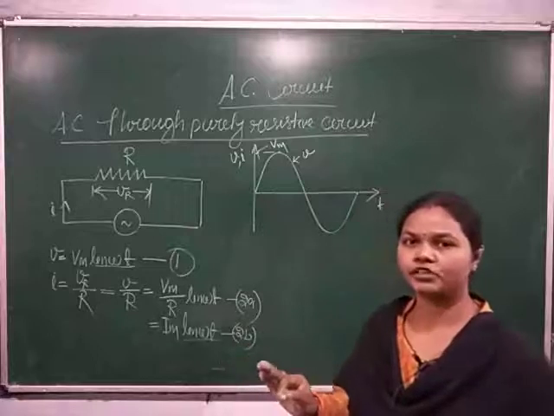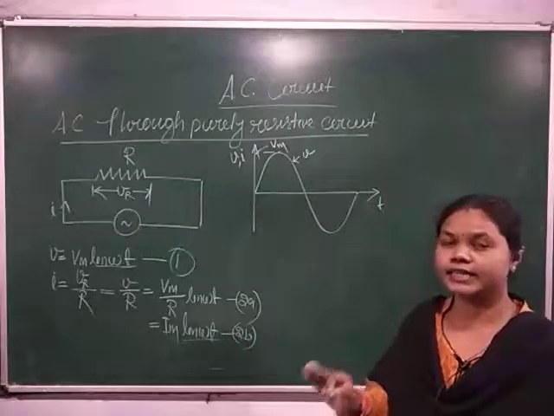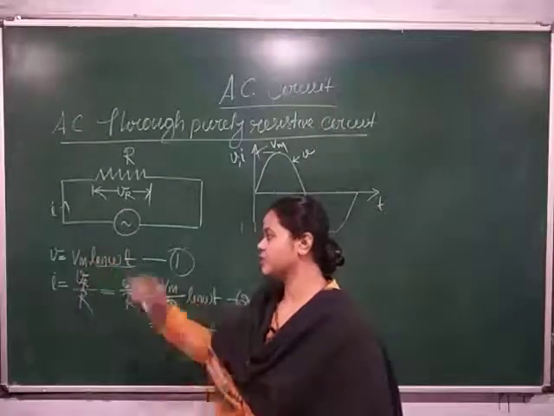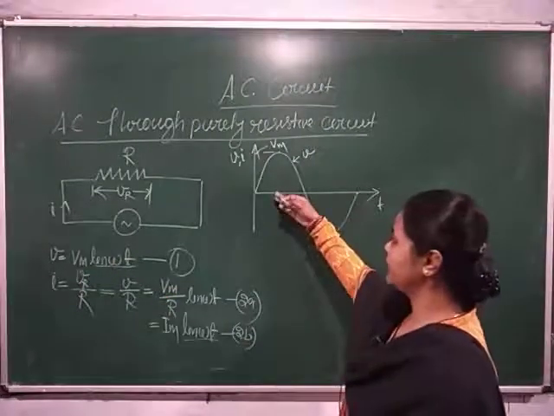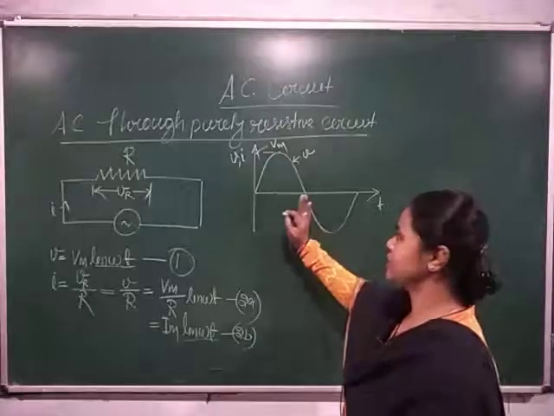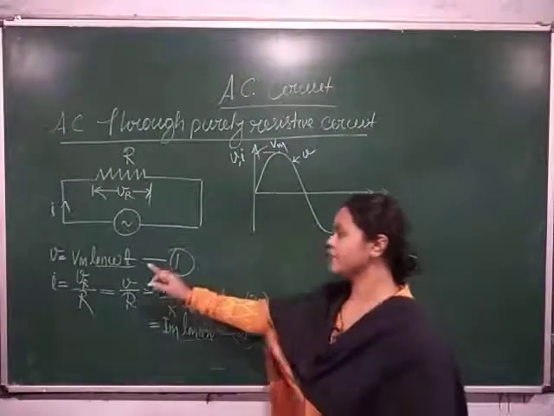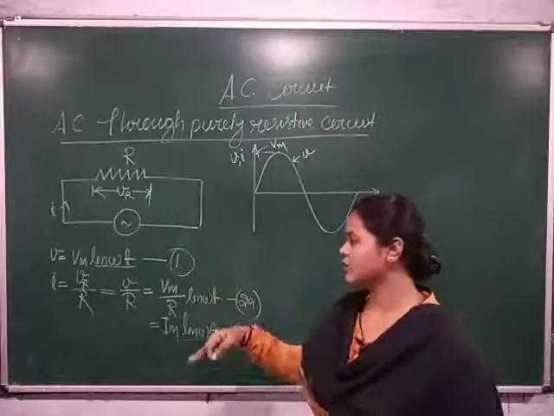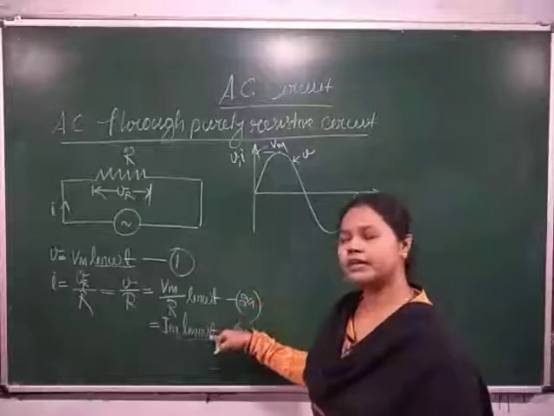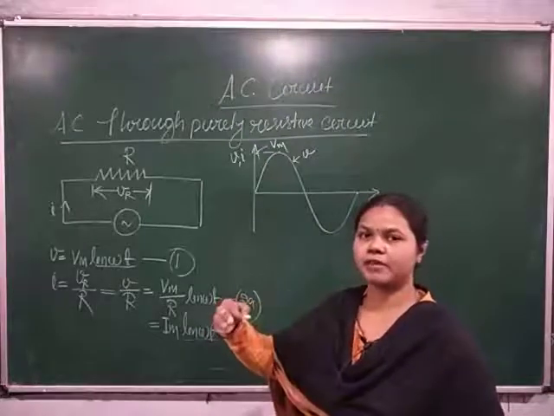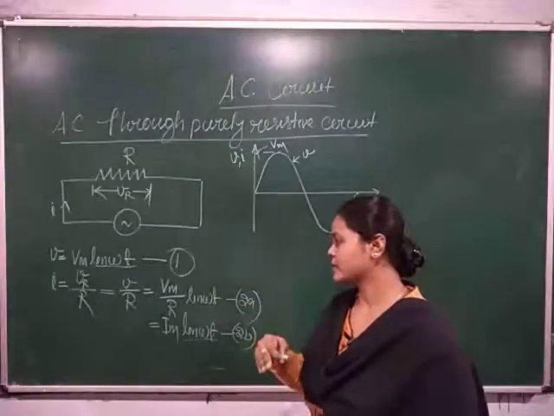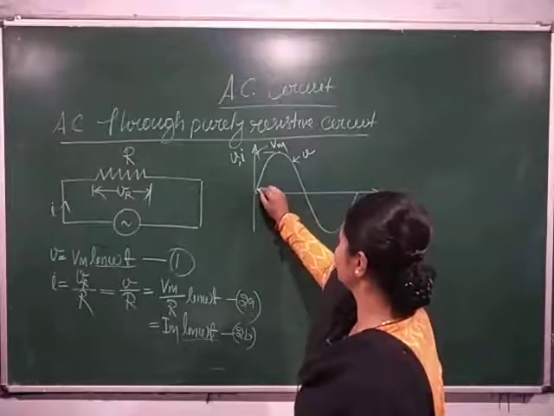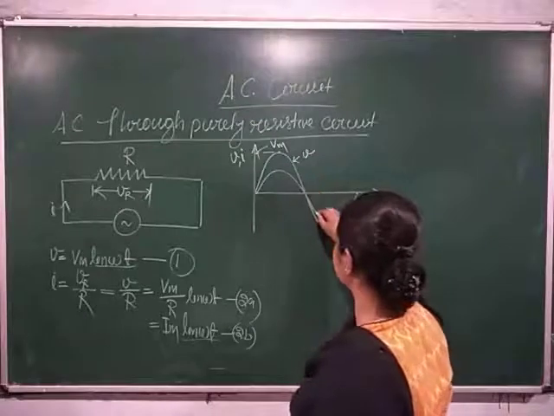Maximum value of current is Vm by R. Obviously, the current flowing through the resistive circuit is less than the maximum value of voltage. So it differs in magnitude but with the same phase. It means when voltage gains the maximum positive or negative value, at the same time current is also at positive maximum and negative maximum. When voltage is 0, current is also 0. So the waveform is like this.